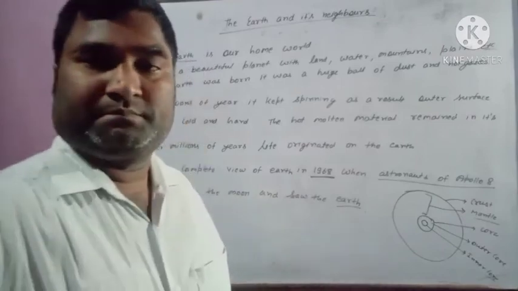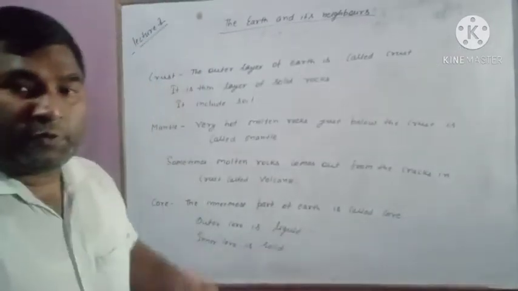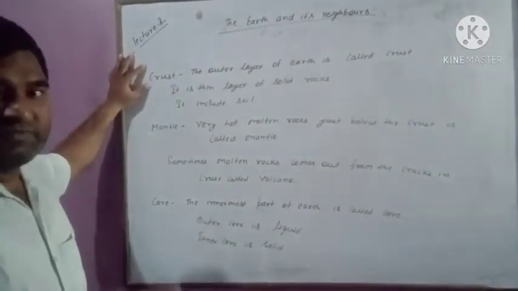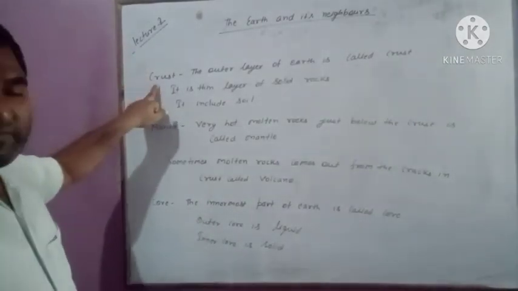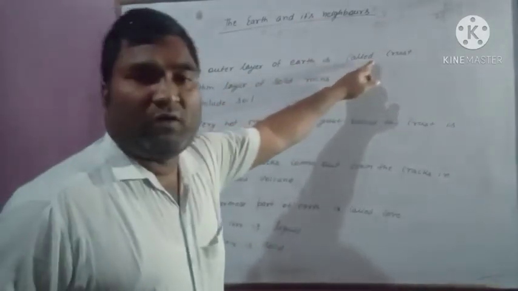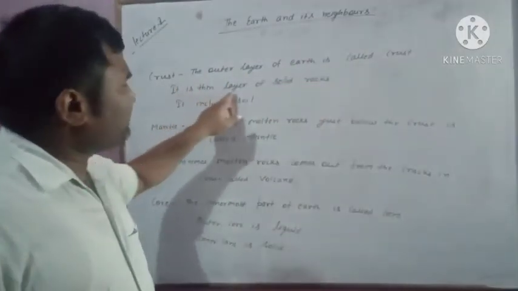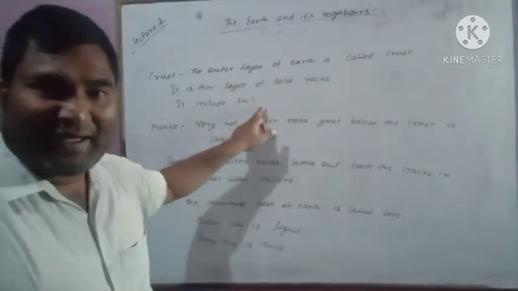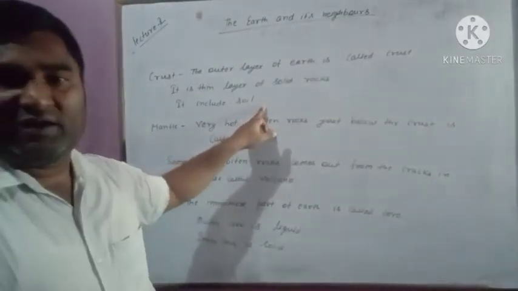Okay, so these are the three layers of the earth, means inner part of the earth. First is crust. The outer layer of earth is called crust. It is a thin layer of solid rocks. It includes soil, means we get soil from the rocks.